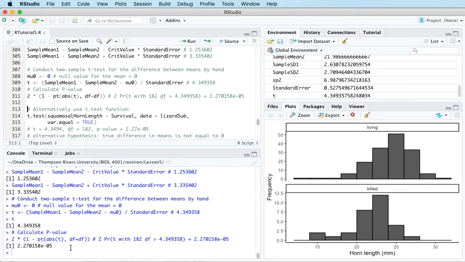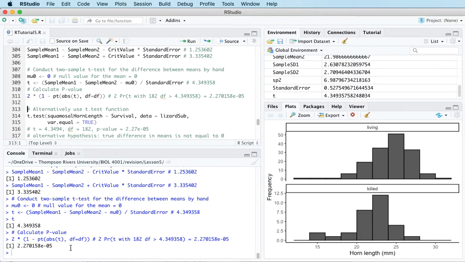Step 4 is to make a decision and draw a conclusion. So the decision rule, as with every other hypothesis test, is always the same. Reject the null hypothesis in favor of the alternative if the p-value is less than the significance level.